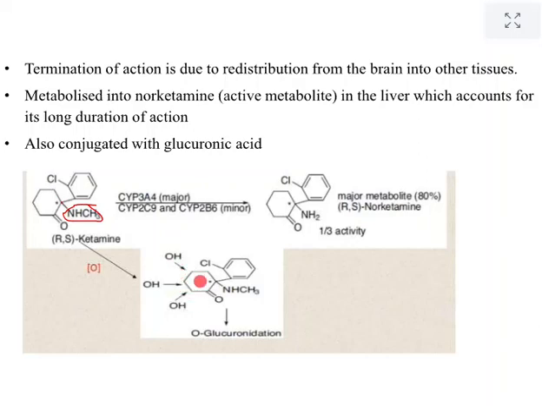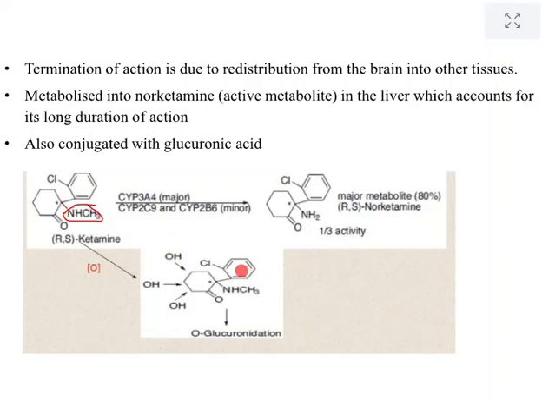Remember, oxidation of the aromatic ring might not be very possible, because we have the chloro group, and we have said severally that chloro groups bring about deactivation of the ring, and therefore the aromatic ring is not readily oxidized.